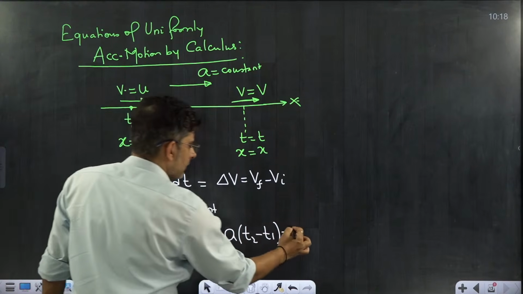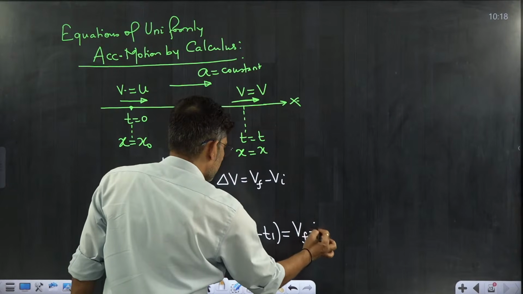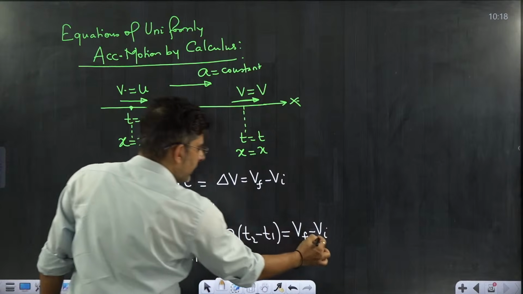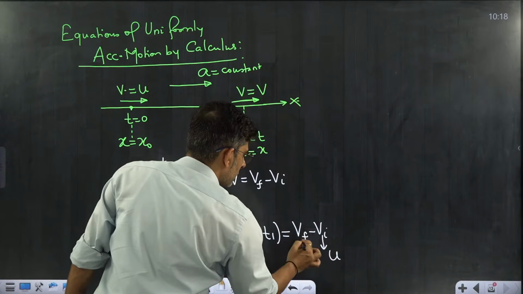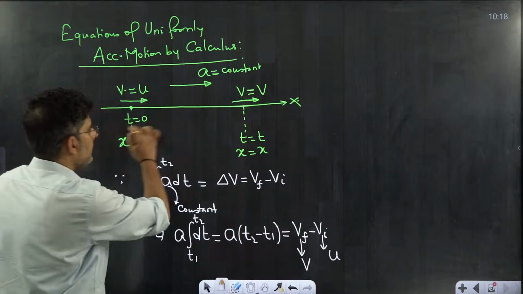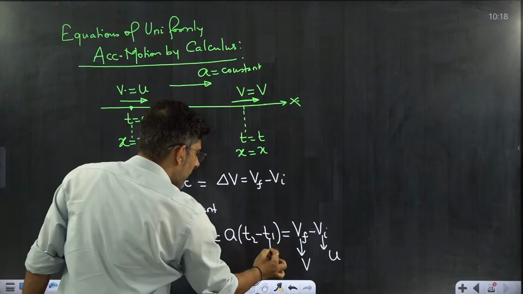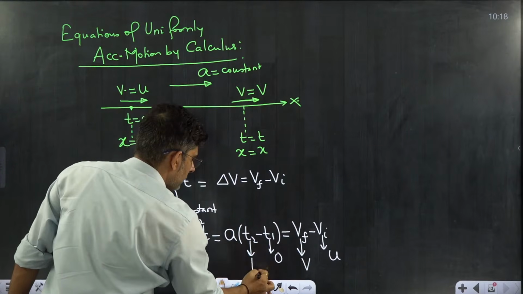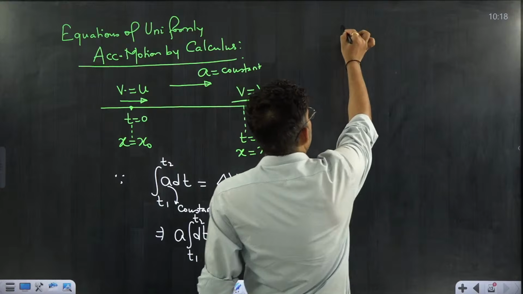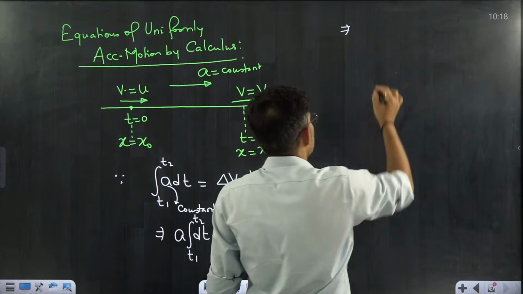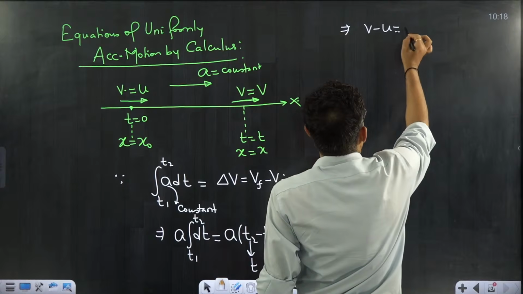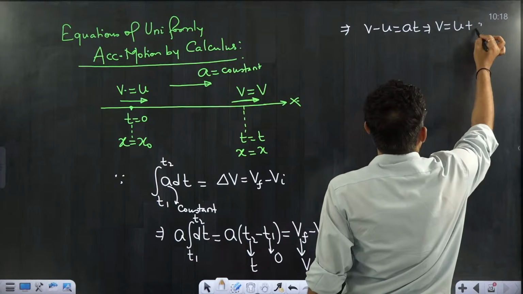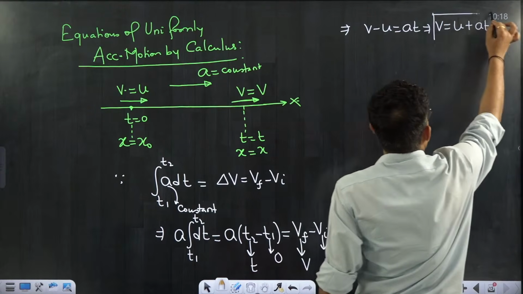And this side you have v final minus v initial. Now substitute the values. What is v initial? I have taken initial velocity u. Final velocity I have taken v in this interval. Initial time I have taken as 0 and final time as t. So from here we see v minus u becomes at, or v equals u plus at. This is our first equation.